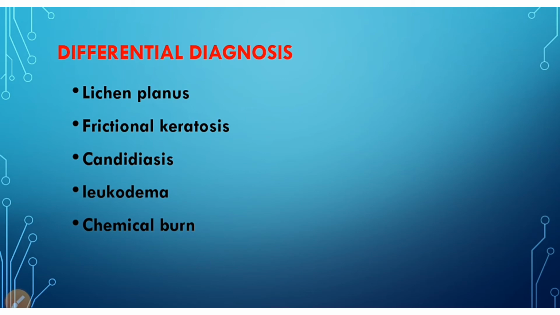In leukoedema, there is a white layer that easily fades away if you stretch the cheeks or the area, while in leukoplakia the white patch does not disappear even if we stretch our cheeks. Also, it could resemble chemical burns. In chemical burns there is pain, while in leukoplakia pain is not usually present.